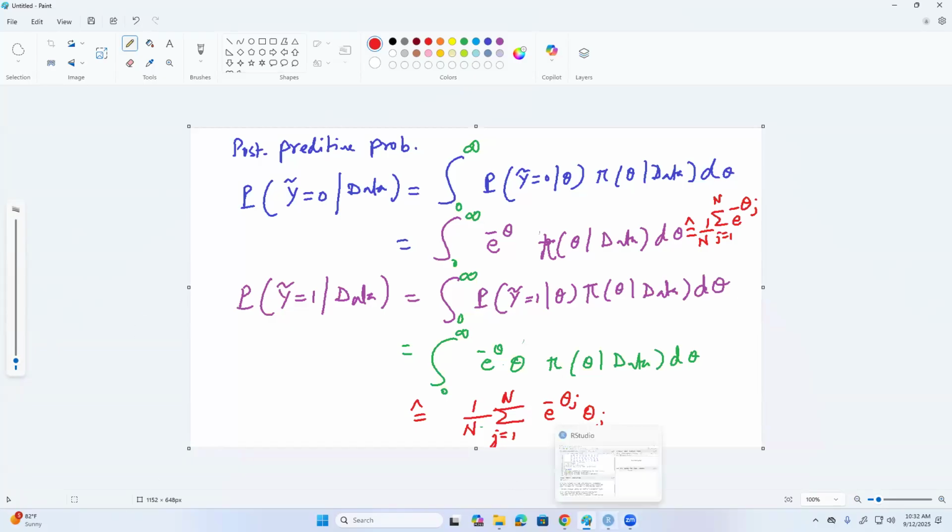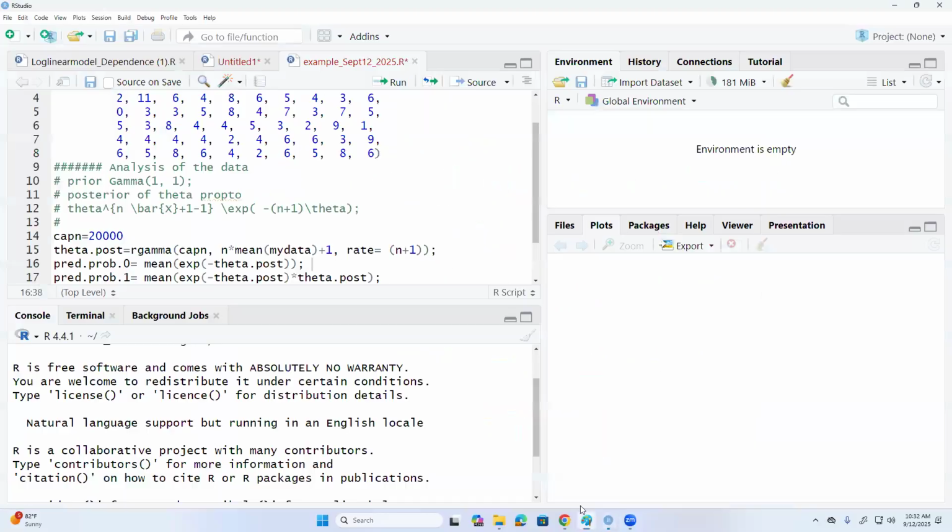And that is what we are doing now. So the predictive probability that a new observation is 0, denoted by this notation, is simply e to the power minus theta, and take the mean value over all theta.